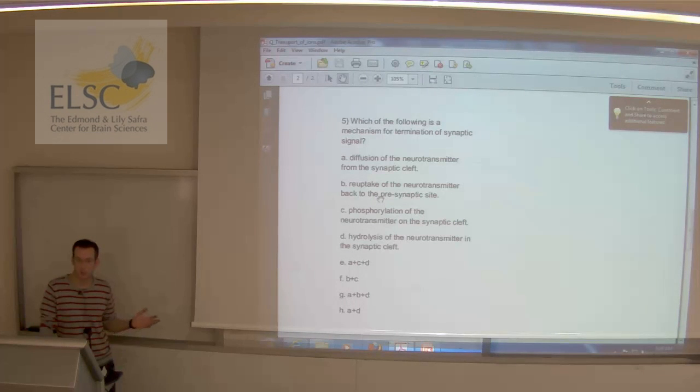Again, something that will clear it from the synaptic cleft and will cause termination. C, phosphorylation of the neurotransmitter in the synaptic cleft. No, just no. D, hydrolysis of the neurotransmitter in the synaptic cleft. For some neurotransmitters, it is the mechanism. So we have ABD, which is G.